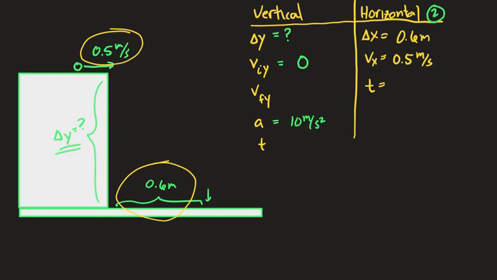But that's all I know. In these problems, though, our goal generally is to find the time on one of the sides and use it on the other. So it looks like I'm going to need to get the time here first, and then plug it in over here to get the displacement second.